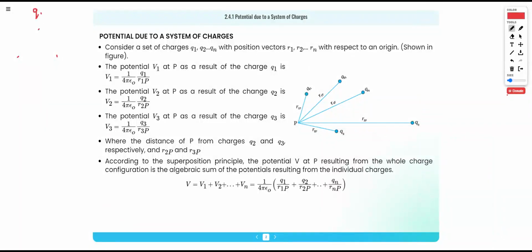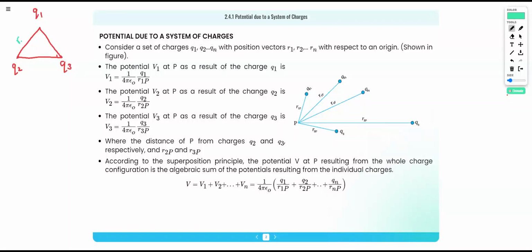Q1, Q2, Q3. Q1 Q2, Q1 Q3, Q2 Q3. The distance between Q1 and Q2 will be what?